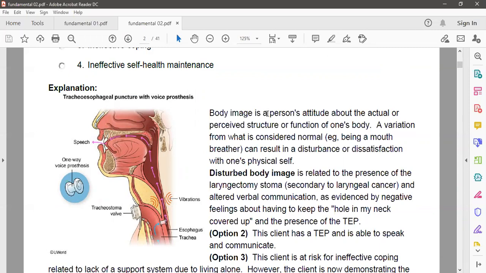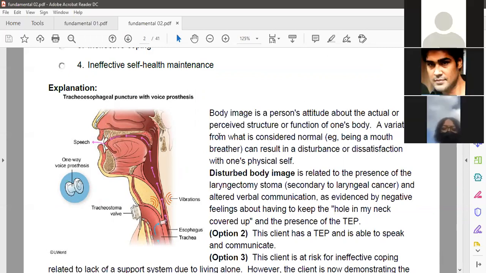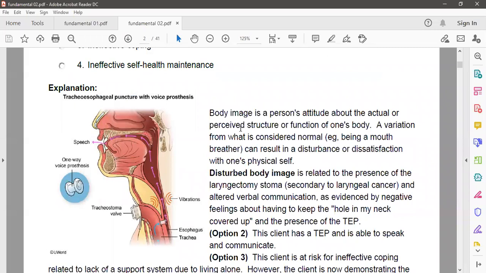So body image is a person's attitude about the actual or perceived structure or function of the body. When a patient faces any kind of health issue, their first physical demand is to relieve the pain or problem.